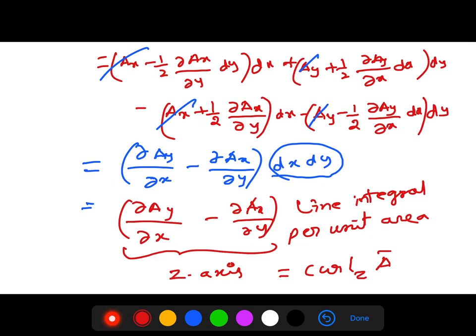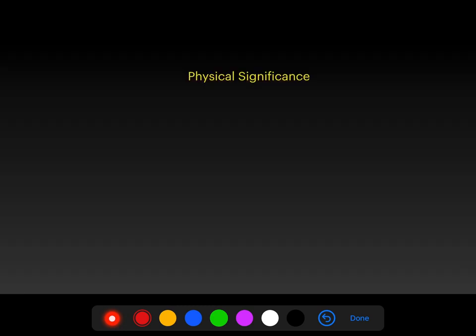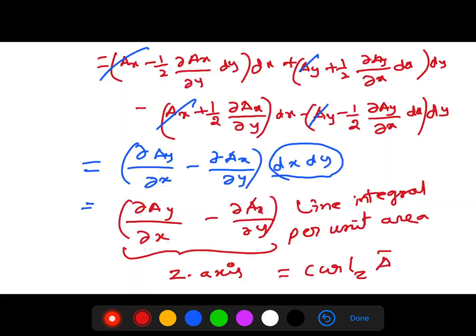So what we got, now this is the z component of curl A bar taken along the z direction.